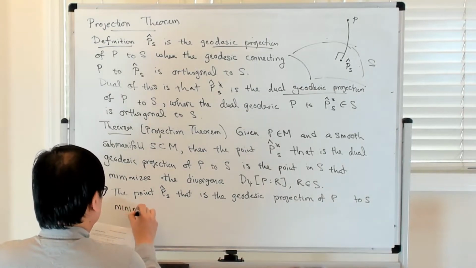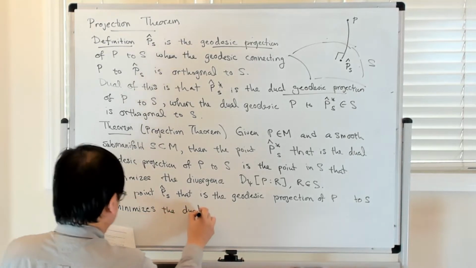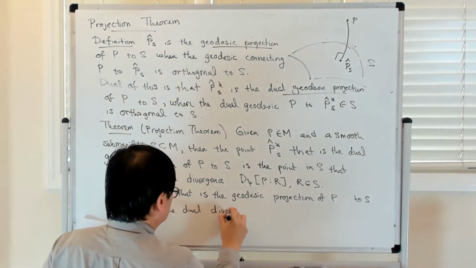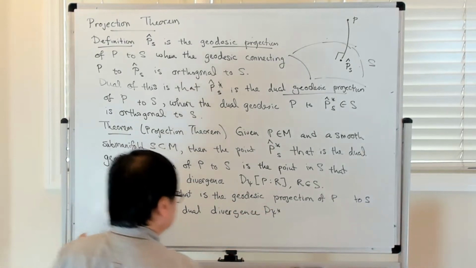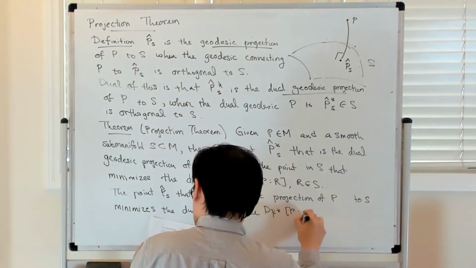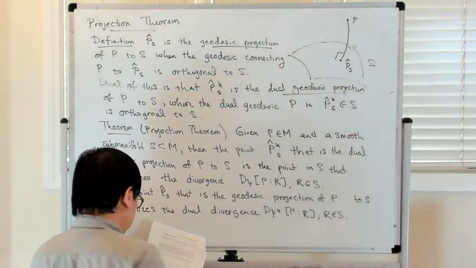Minimizes the dual divergence d phi star P to R, where R is in S. Okay?